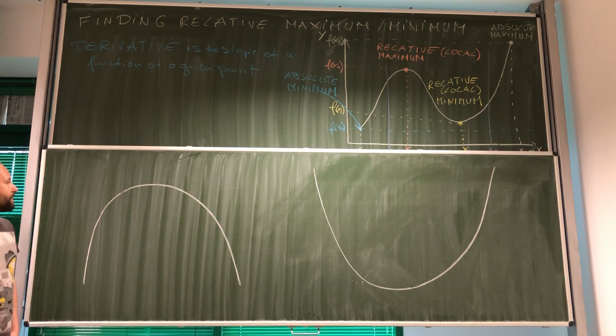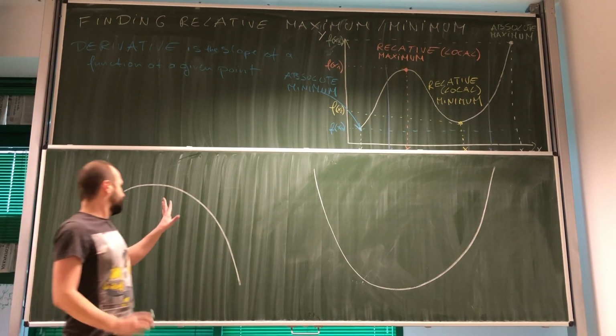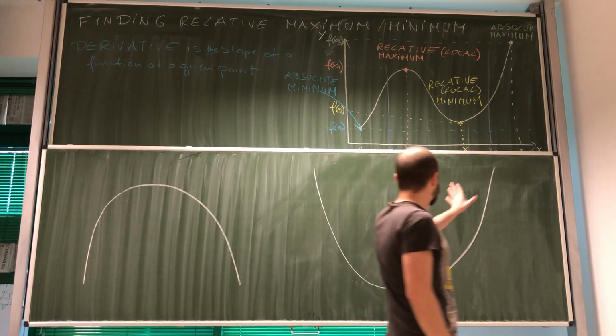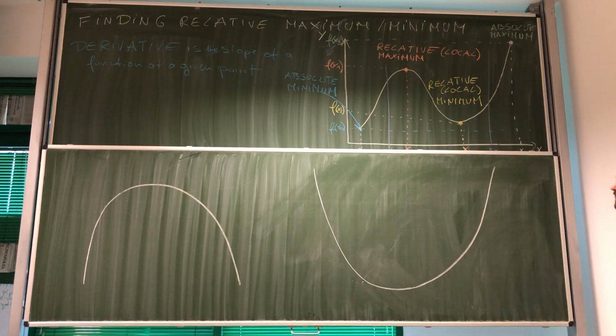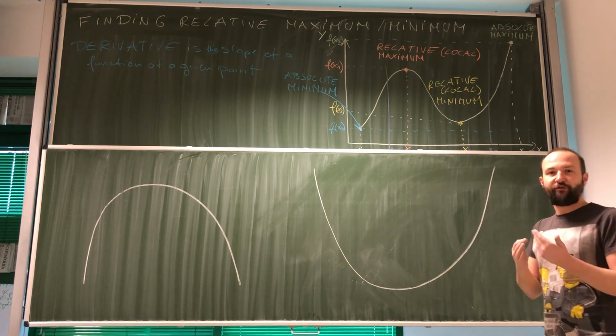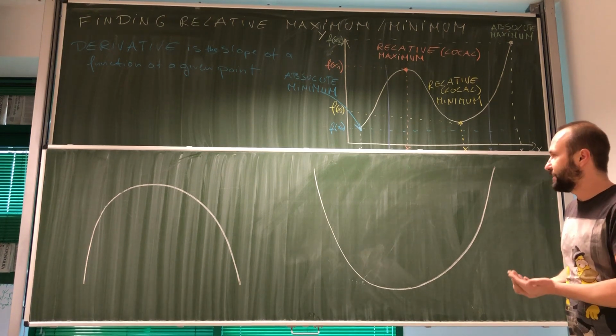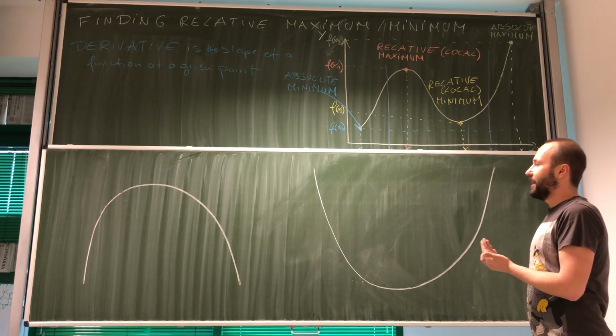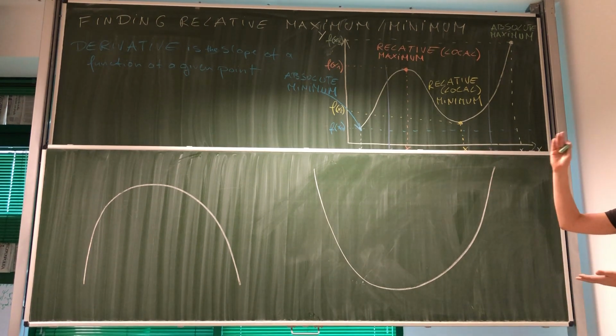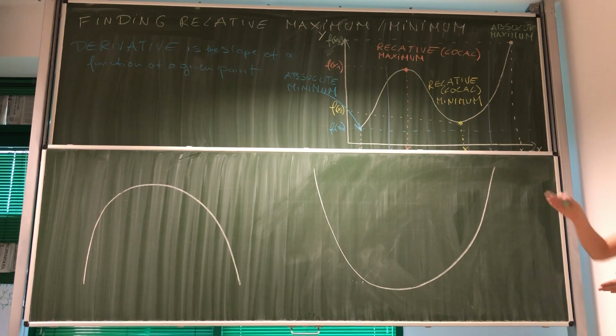Okay, now, knowing that this is the shape of the relative maximum and relative minimum, how can I use derivatives to find the points where the maximum actually takes place?